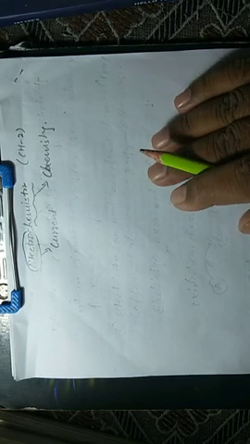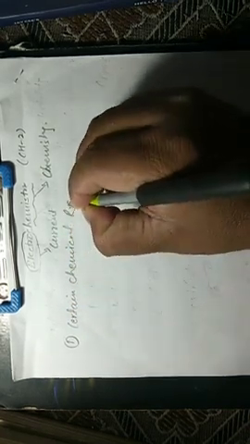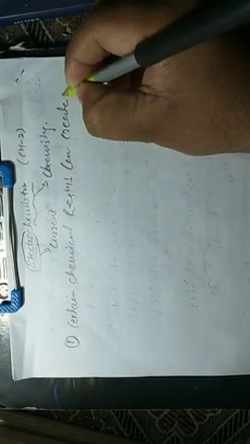Basically, there are two main ways that chemical reaction and electricity interact. First way is certain chemical reactions can create electricity.